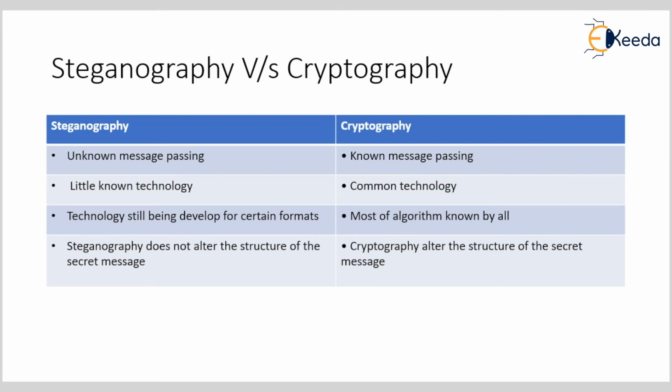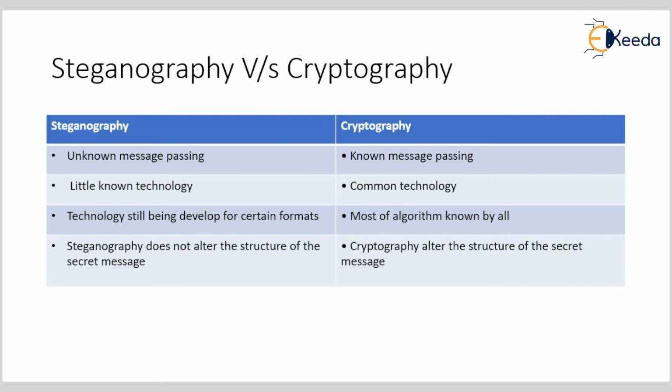In steganography, the technology is still being developed for certain formats. The research is undergoing, wherein the researchers are finding different ways of providing steganography to different types of data. And in cryptography, most of the algorithms which are being used are considered well-known algorithms by the scientists.